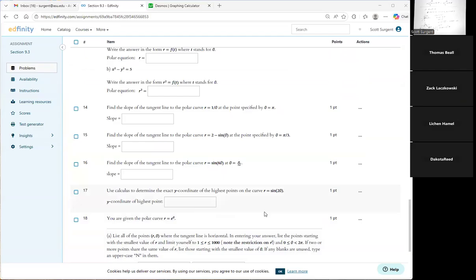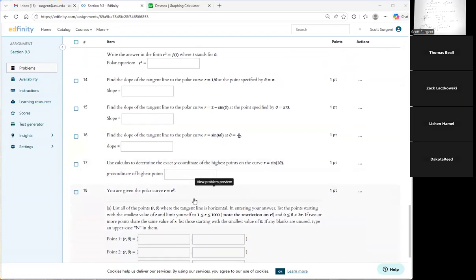Use calculus. Here we are. To determine the exact y-coordinate of the highest points in the curve y equals sine 2 theta. I guess we want the max y value. So, as usual, I'm going to go to Desmos.